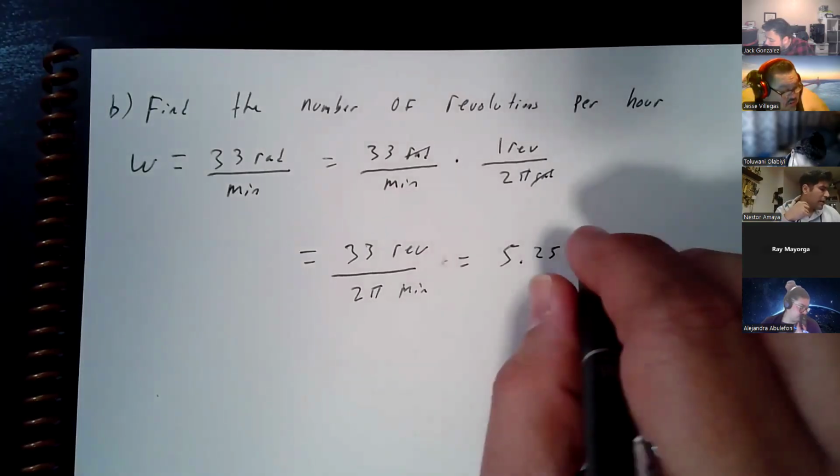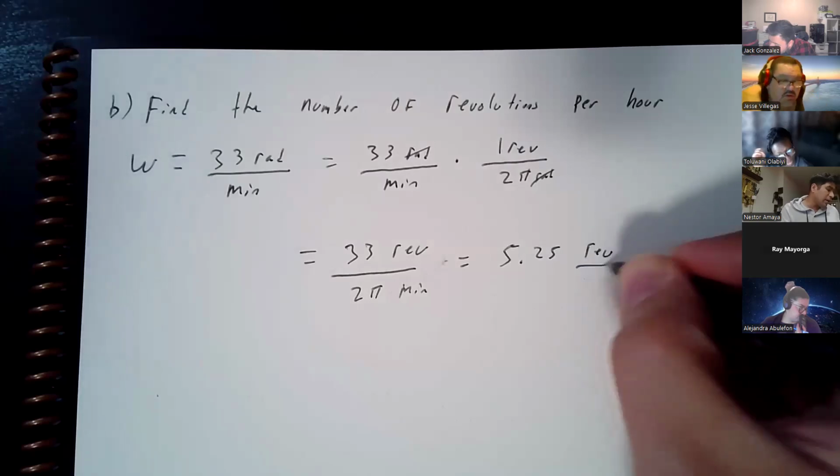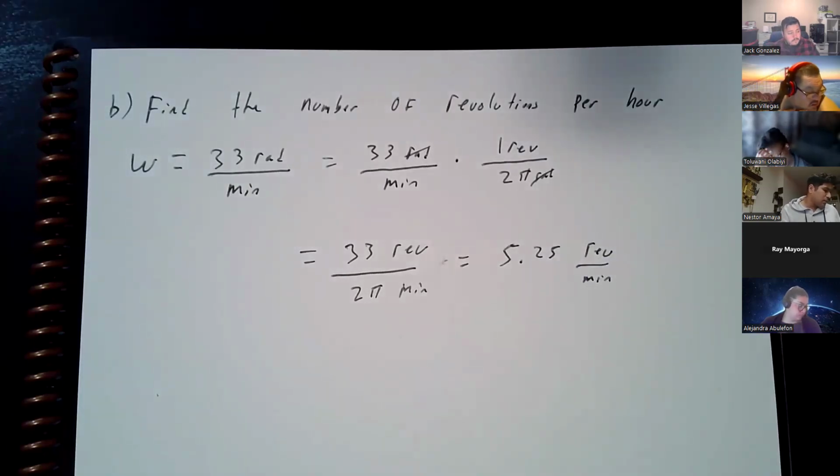Once you have the revolutions per minute, they said they want it per hour. So what do we do? Multiply times 60. Yeah.